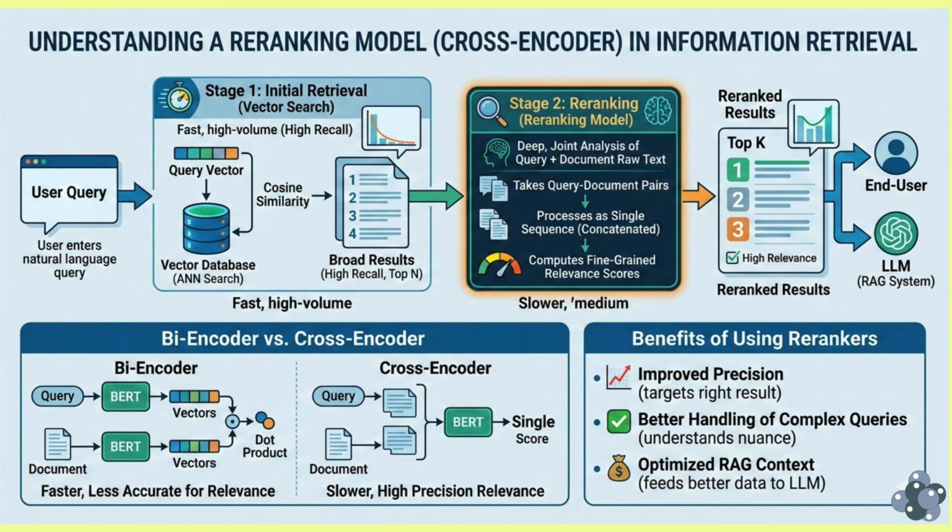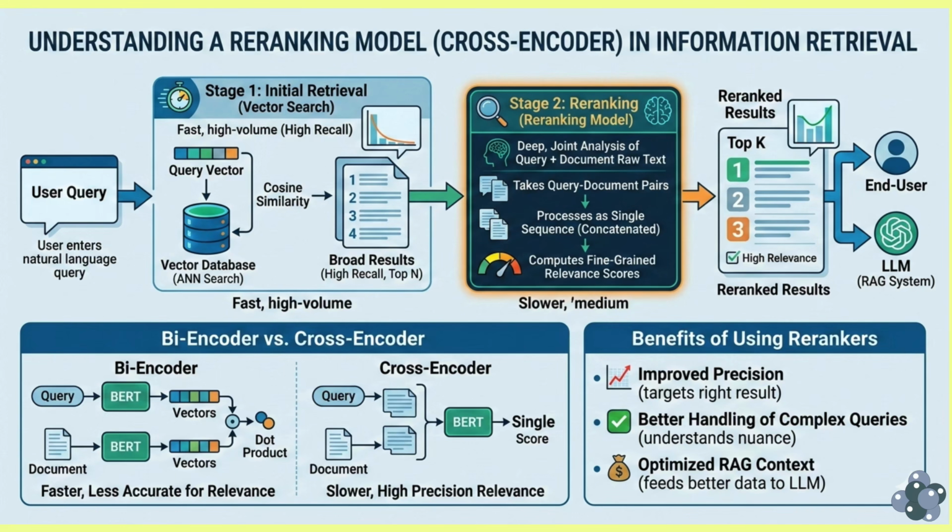A user's query is converted into a query vector using an embedding model. The vector database performs a fast search, typically using approximate nearest neighbor algorithms and a distance metric like cosine similarity, to quickly retrieve the top n documents whose vectors are closest to the query vector.